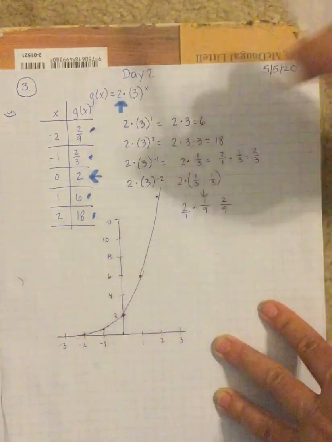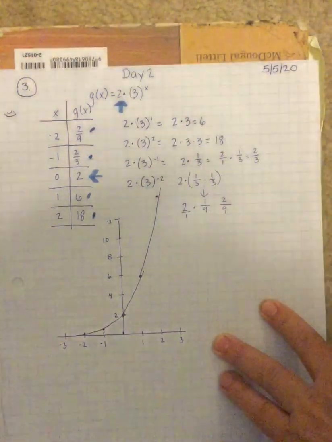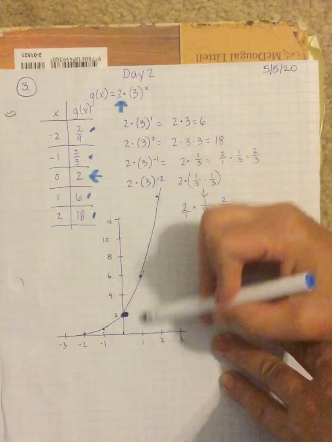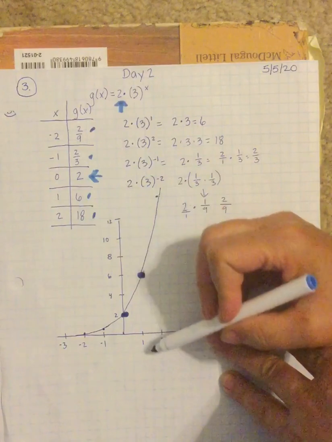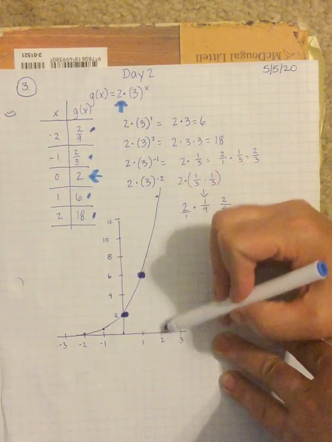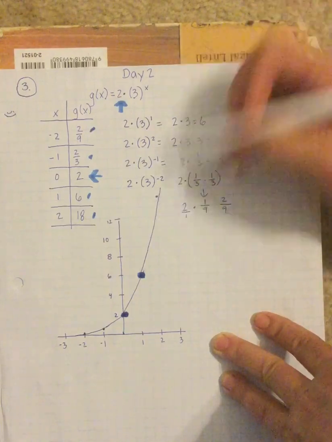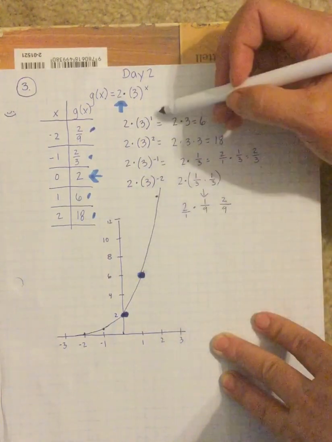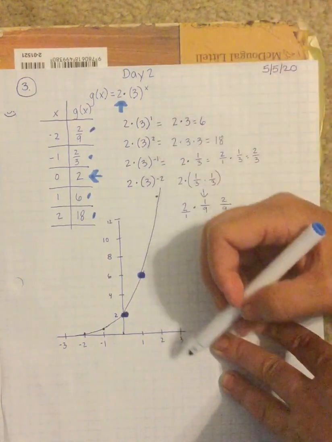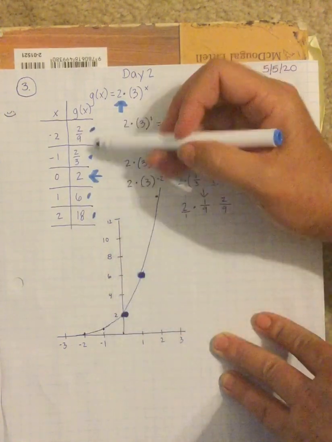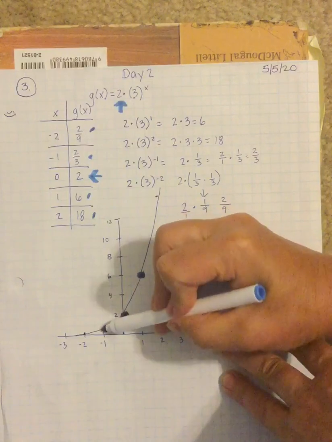Then you're going to graph this. So 0 is at 2. 1 is at 6. 2 is at 18. Where's 18? Oh, it went off. I didn't leave myself enough room, but it would be up here somewhere. And then back here, you're just dealing with fractions. So negative 1 is 2/3, not quite 1.